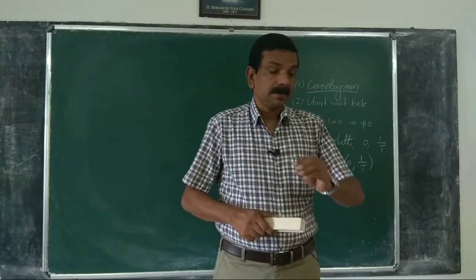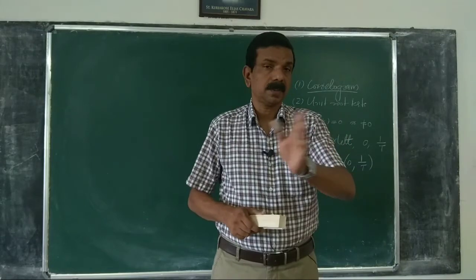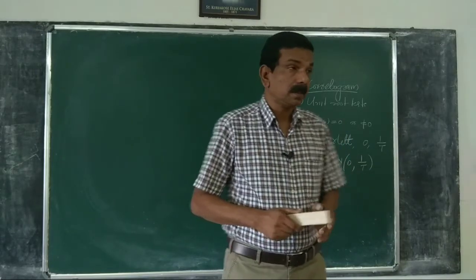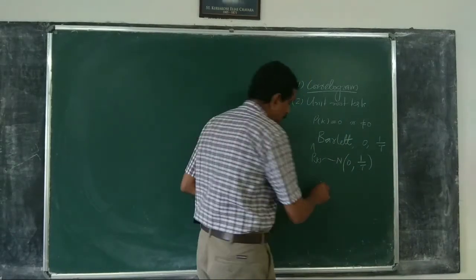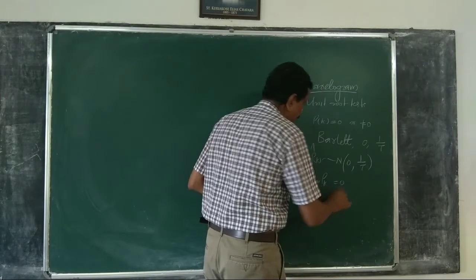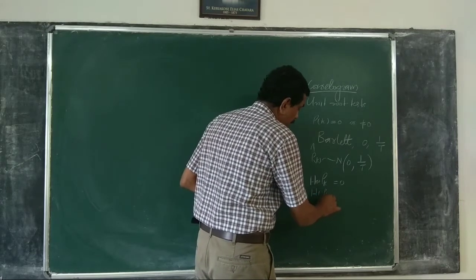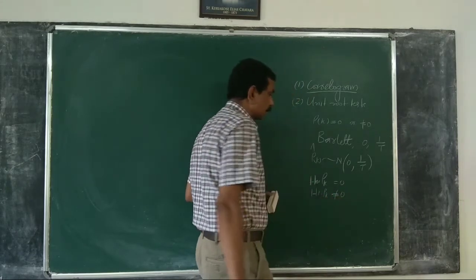So, if a time series is purely random, it means if a time series is white noise. So, we are assuming that our null hypothesis is rho k is equal to 0, tested against H1, rho k not equal to 0.